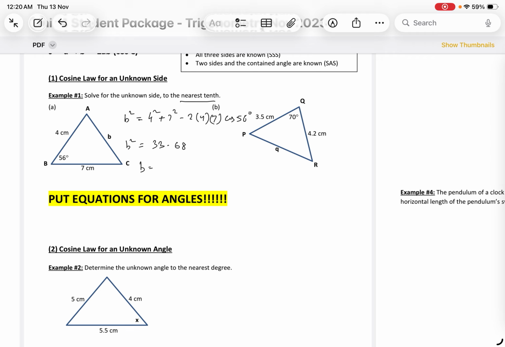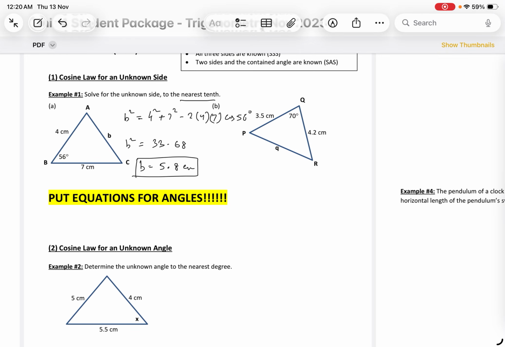Then b will be square root of this, which is 5.8, to the nearest tenth, 5.8 centimeter. Similarly, you can find the second part.